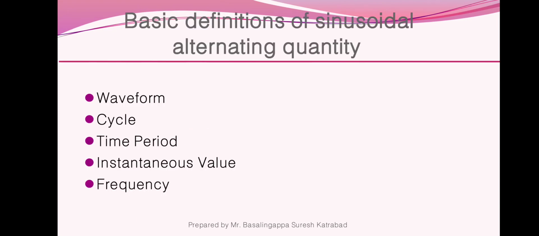Next we will see basic definitions of sinusoidal alternating quantity. First, waveform. Second, cycle. Third, time period. Fourth, instantaneous value. Fifth, frequency. These are basic definitions. First we will see waveform.